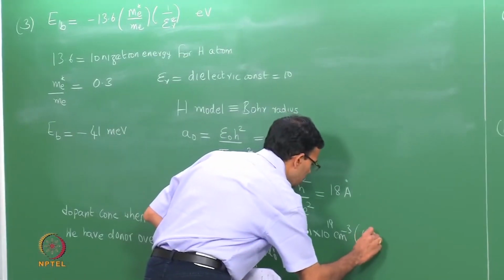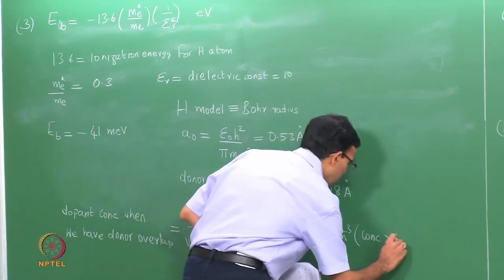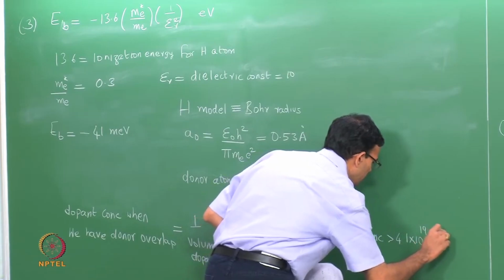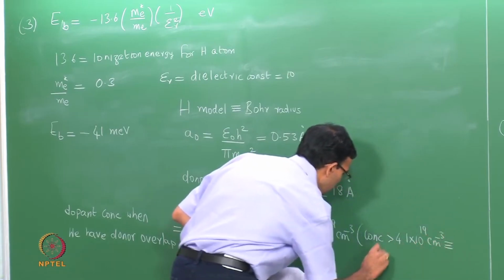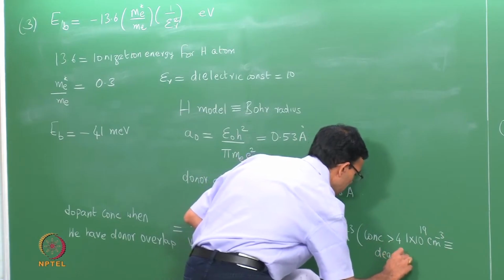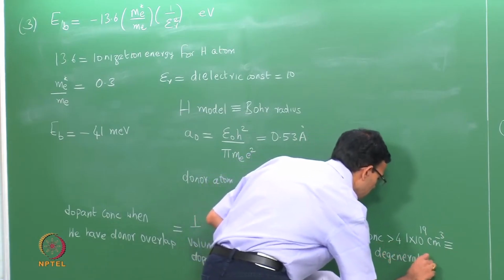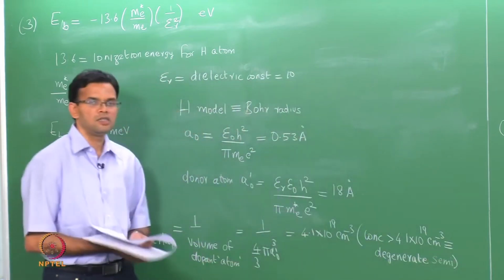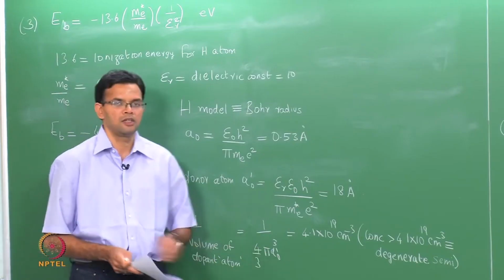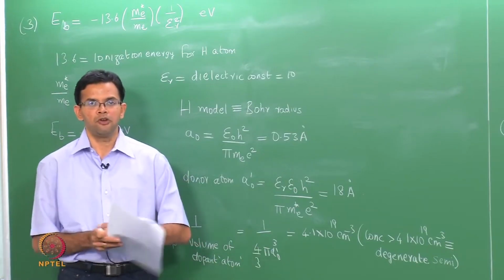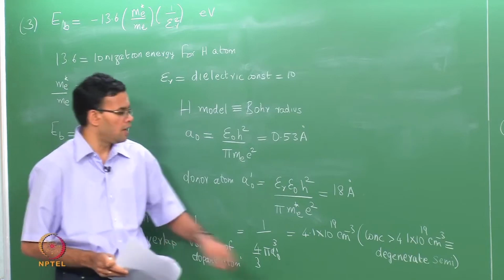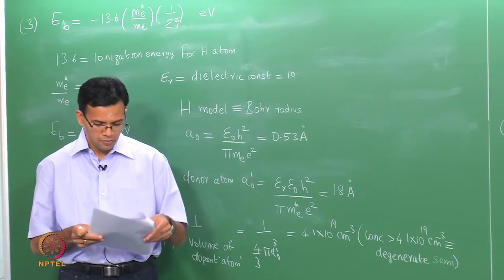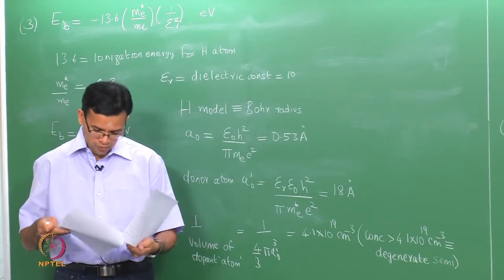So, when the concentration is greater than 4.1 times 10 to the 19 per centimeter cube, we get a degenerate semiconductor. So, this is a simple back of the envelope calculation where we use the effective Bohr radius of the donor atom to calculate the concentration where we get a degenerate semiconductor. So, let me now go to problem 4.